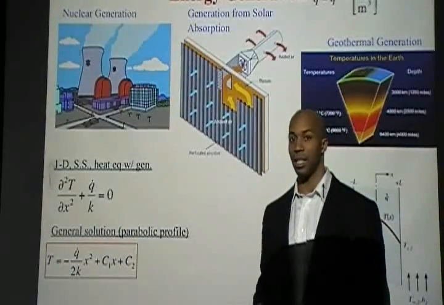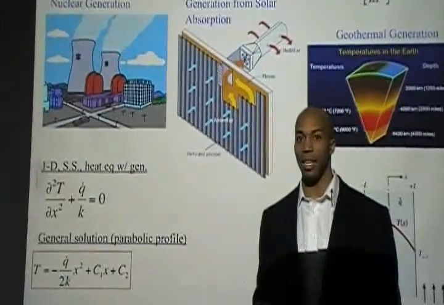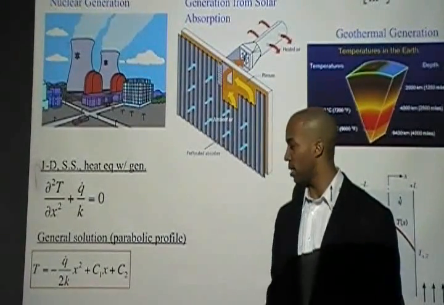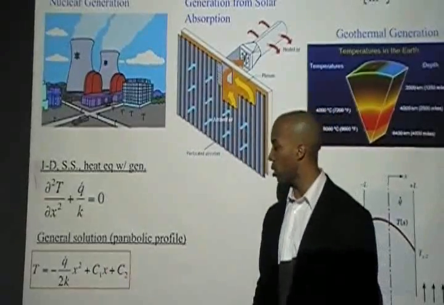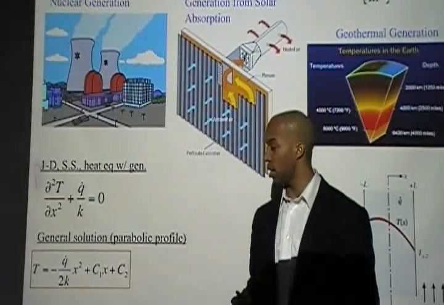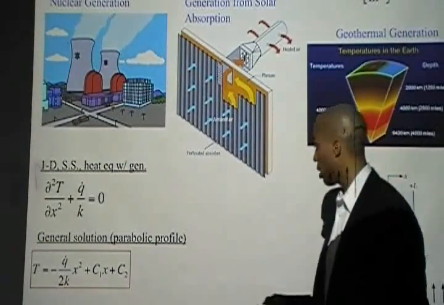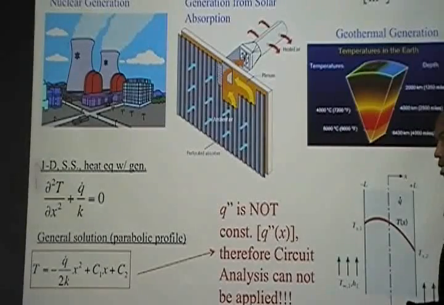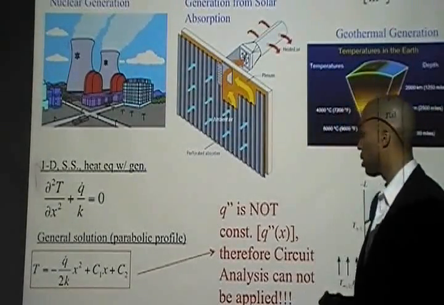In the linear case, x goes away. So that heat rate is independent of x. But in this case, where we have a parabolic temperature profile, we end up with a heat flux and a heat rate that depend on x.